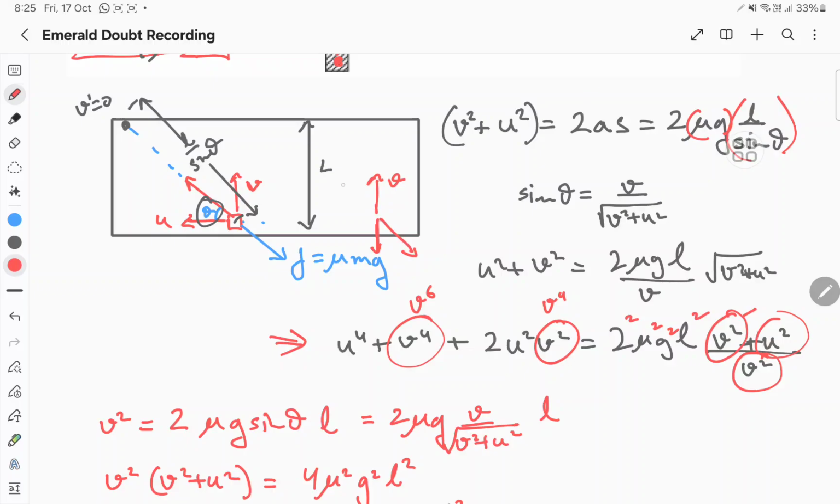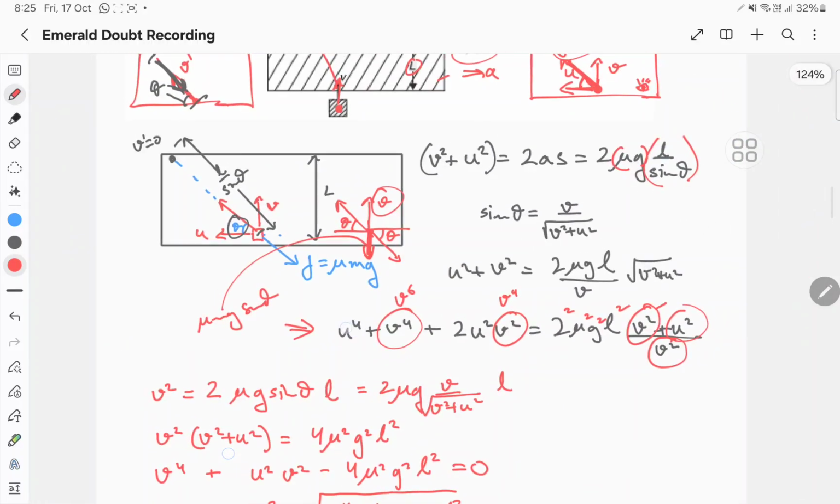My theta is this. So this is my mu mg. This is my mu mg sine theta, my component which is reducing my v. So the deceleration on the velocity v is mu g sine theta.